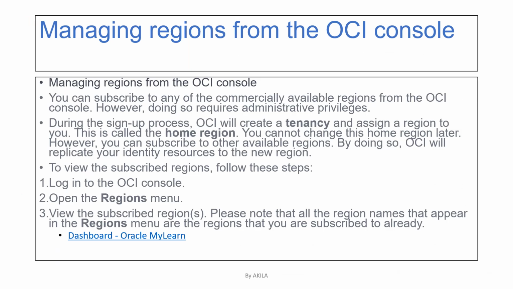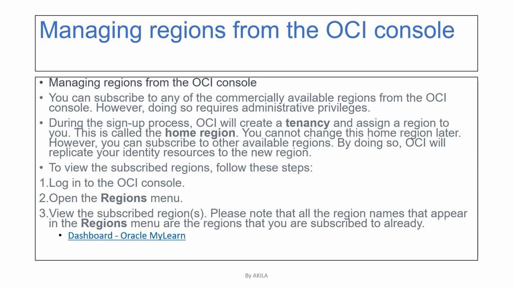So, managing regions from the OCA console: we can subscribe, and whenever we are subscribing we need to go through the sign up process. During sign up, we need to create a tenancy, which means that as a tenant we are going to place our applications in a particular domain.